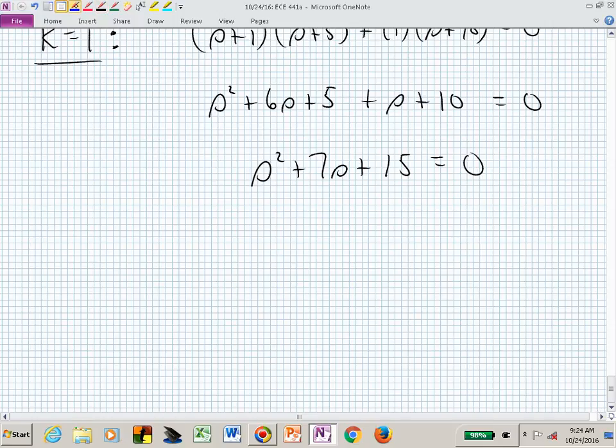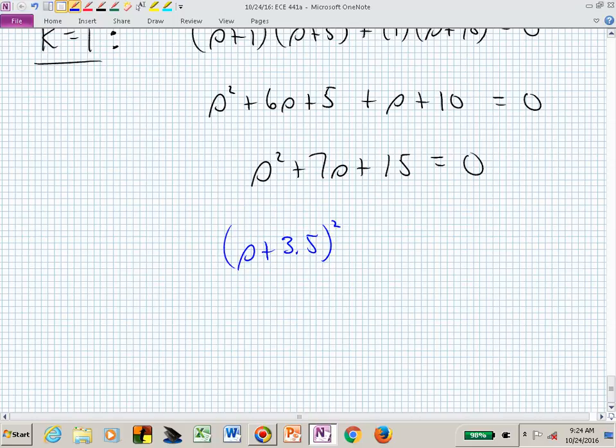And now we could complete the square on this. This is going to give us complex roots. Now our poles, closed loop poles, have actually met in the middle and left the real line. Now they've migrated off the real axis. If we completed this square, we would need s plus 3.5 to give us the s squared plus 7s.